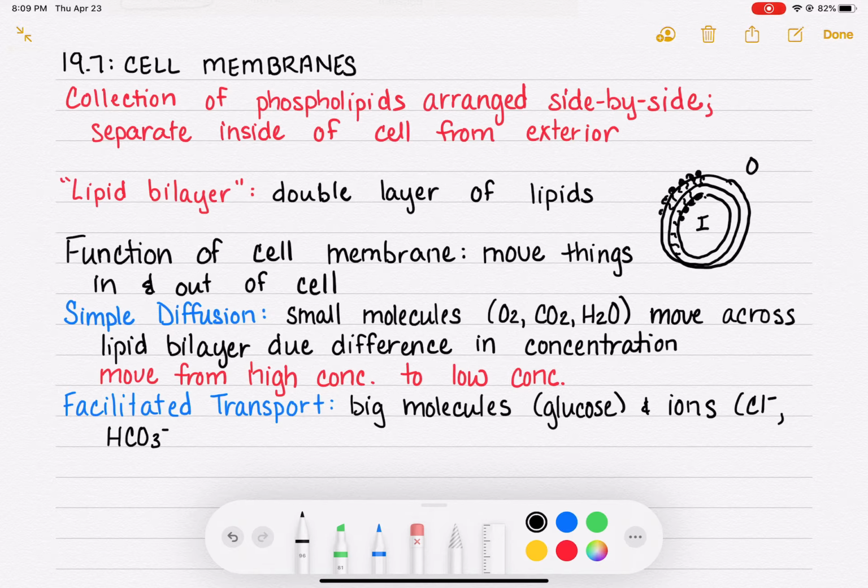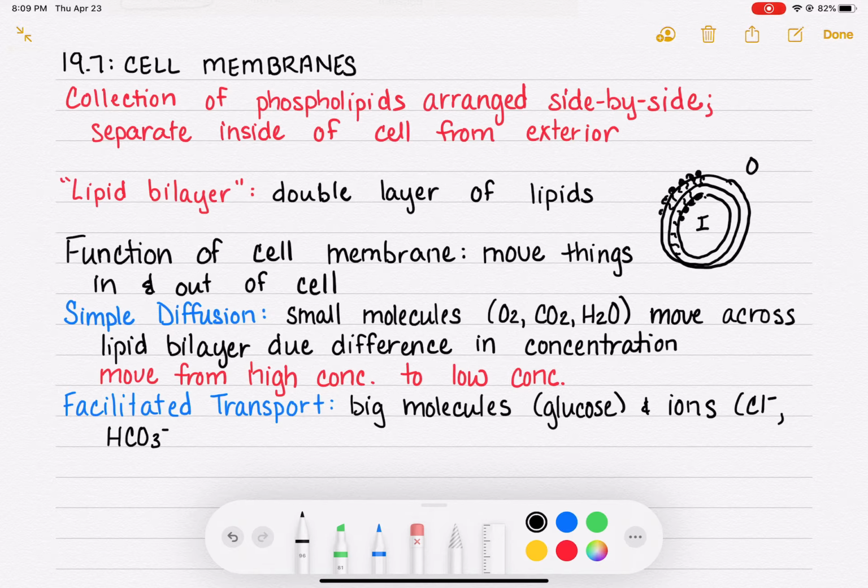This thing in the middle is our protein. So this is the channel or the gap that helps move the molecule or the ion across the membrane. It's there because our big molecules like glucose just can't squeeze their way through, and ions like chloride and HCO3 minus, because they're ionic, have a harder time working with the non-polar tails.